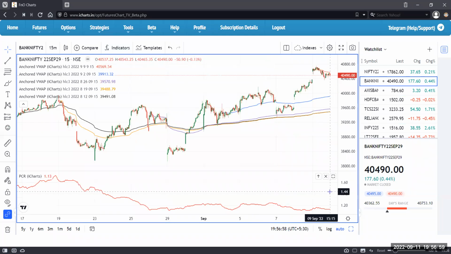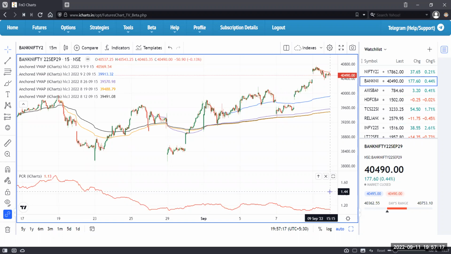So the last is 1.13. This is for this expiry actually. 29th September expiry.